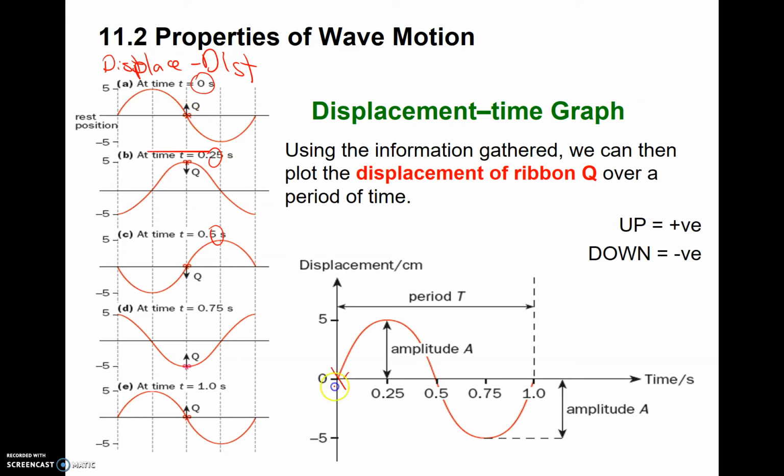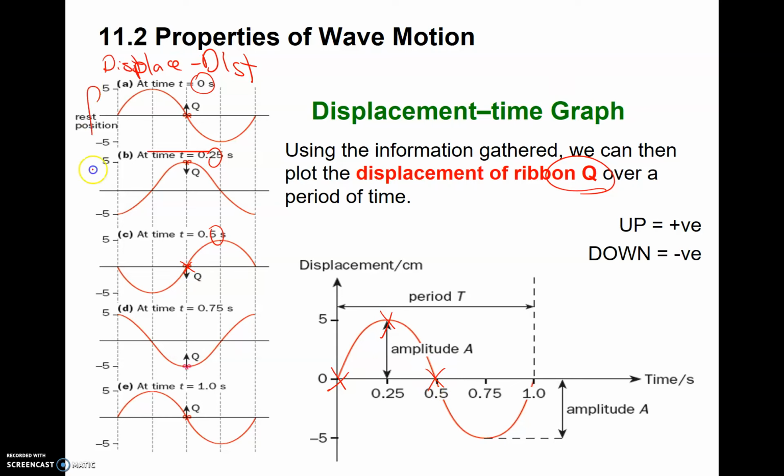So this graph, the displacement time graph, let's say it's for particle Q. At time 0 it is 0. And at 0.25, particle Q is at the highest position, at 5, the amplitude. At 0.5 seconds, it comes back to the rest point, so it will be at rest again.